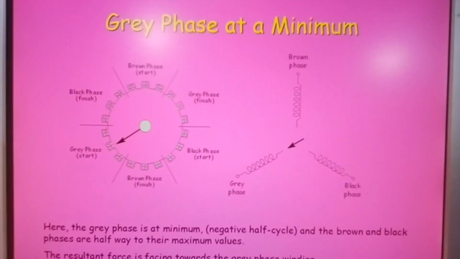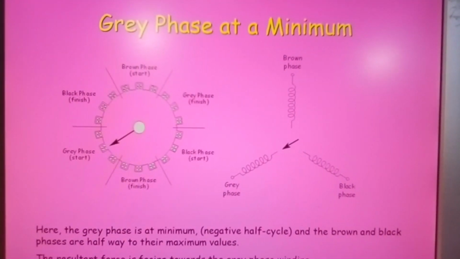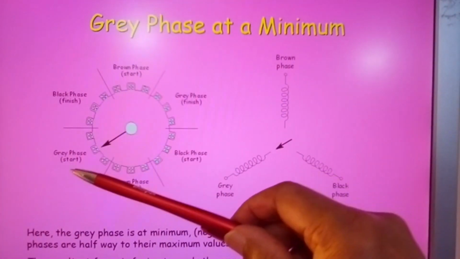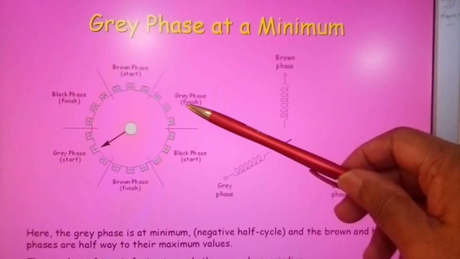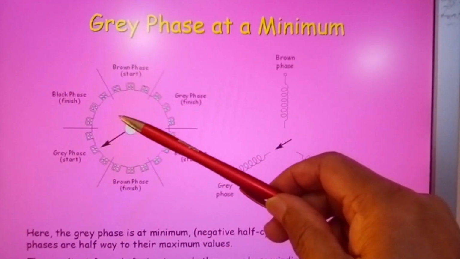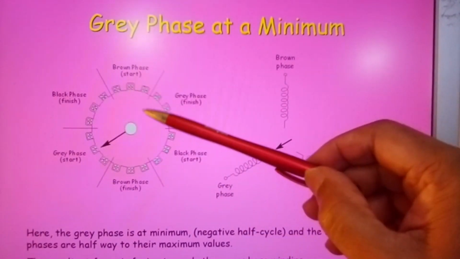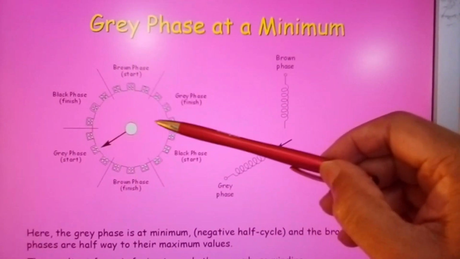And here, all we're showing you now is grey phase at a minimum. Now again, this is your grey phase start and grey phase finish. But remember, this is happening in so many cycles per second, very fast.